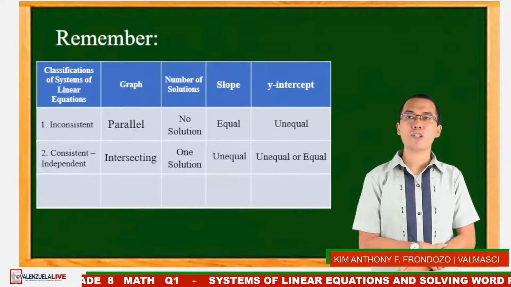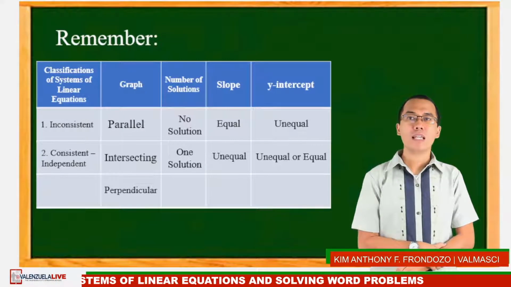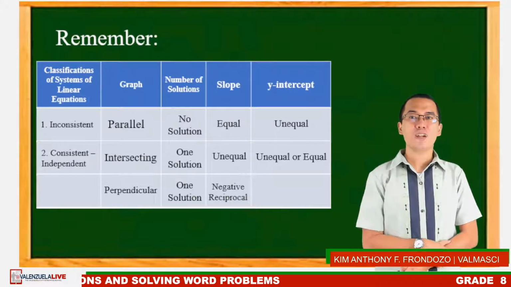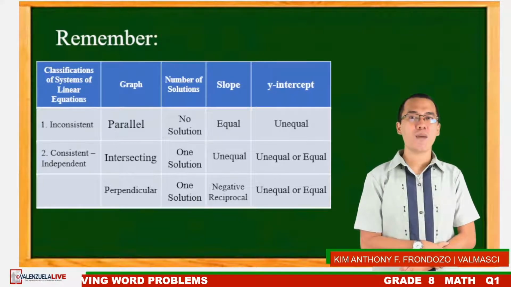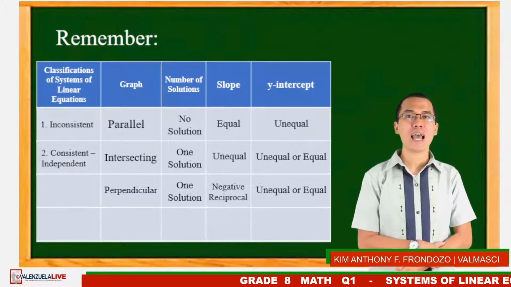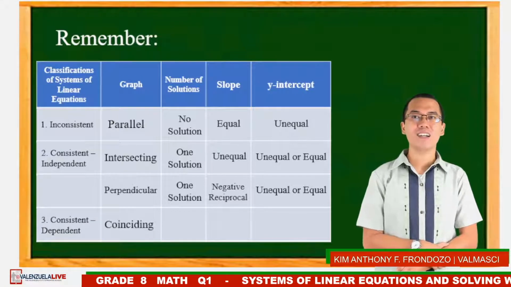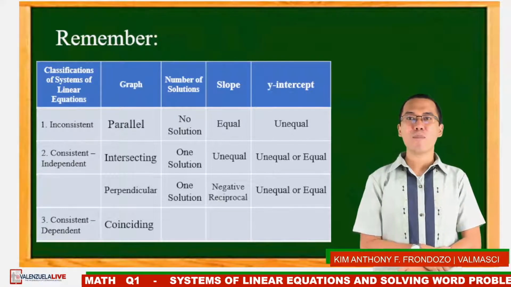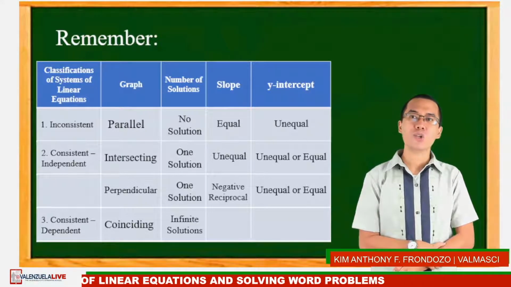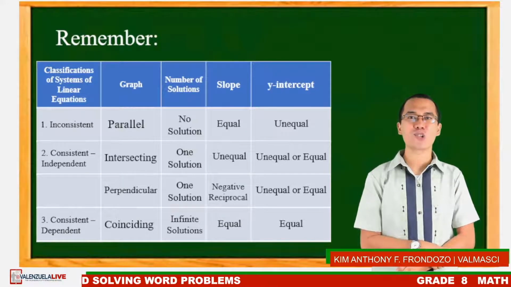Another type of consistent independent is the perpendicular graph, where the number of solutions is still 1, the slopes are negative reciprocals, and the y-intercepts are unequal or equal. And for the last classification, the consistent dependent, the graphs are coinciding and there are infinite solutions, the slopes are equal and the y-intercepts are also equal.